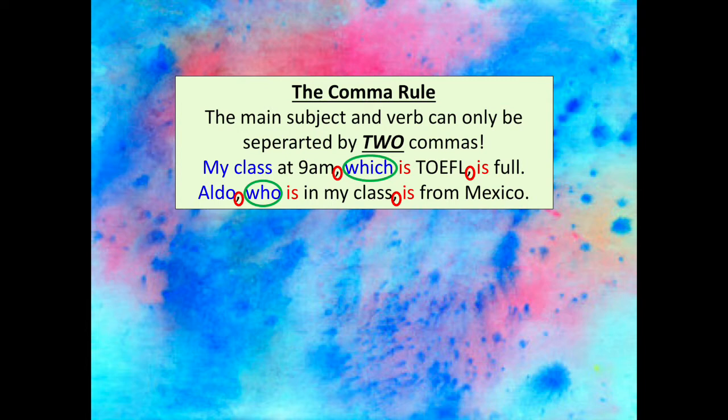For example, my class at 9 a.m., which is TOEFL, is full. The main subject is my class. The main verb is. And they are separated by 2 commas.